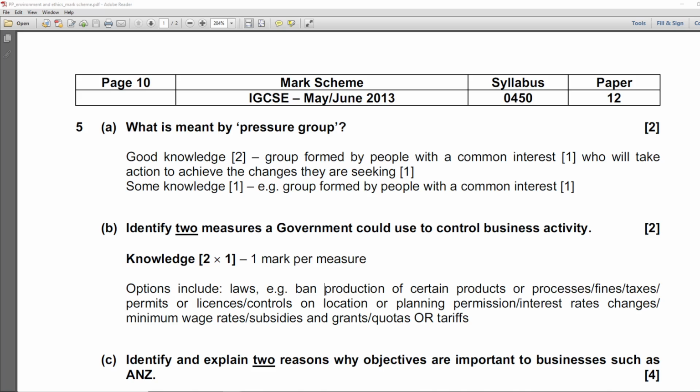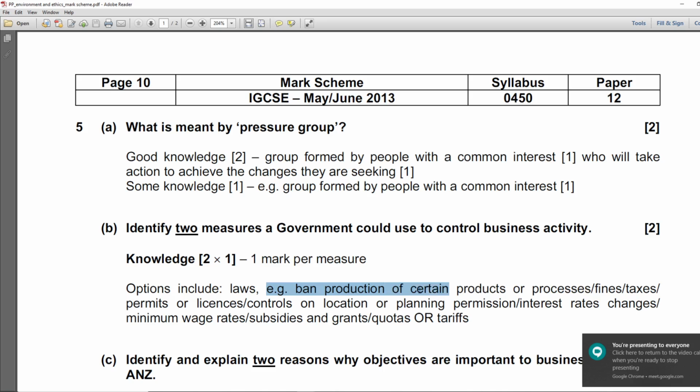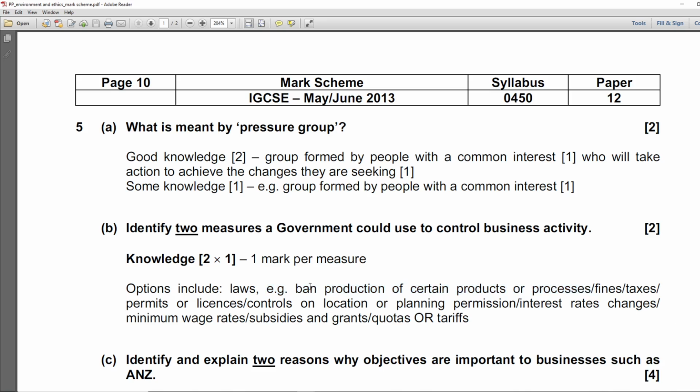You need to show a more specific expression, or an example, like what kind of law. Right after laws, there should be some explanation, like banning the use of some chemical substances, and so on.